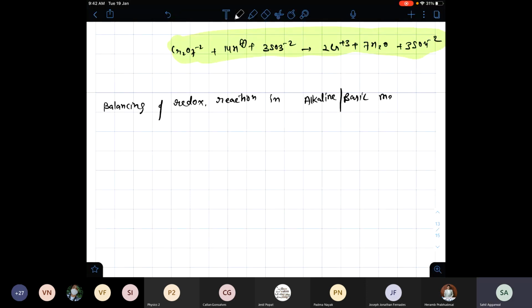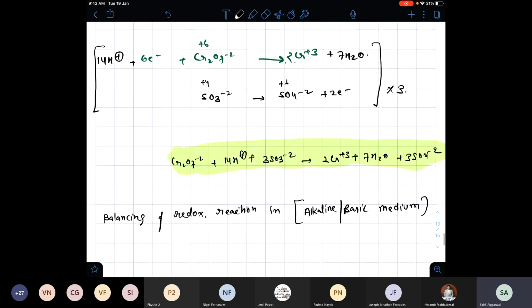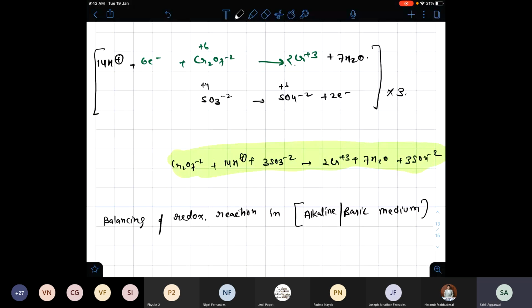So could you please explain the question? I got disconnected for 5 minutes. What do you want me to explain in this? The chromium equation. What is the oxidation state of chromium? Plus 6.